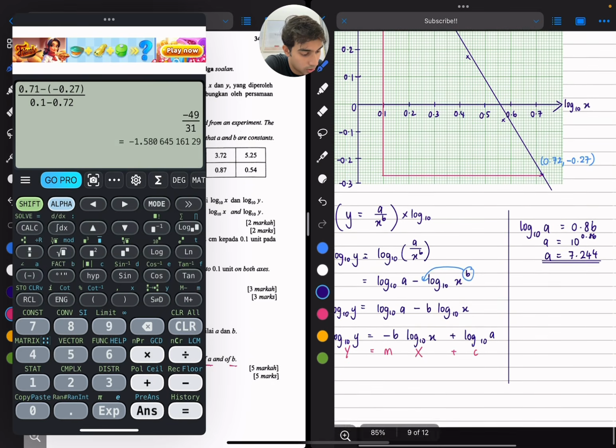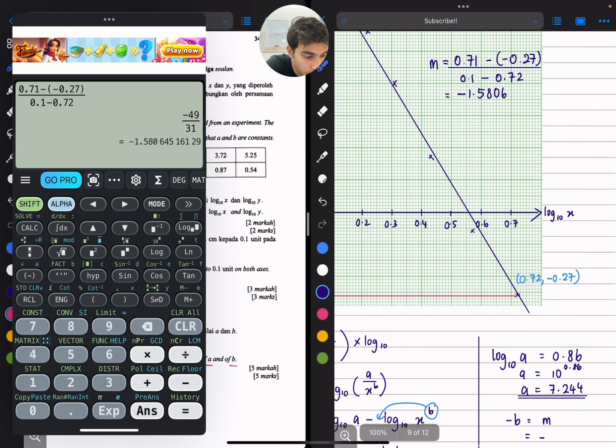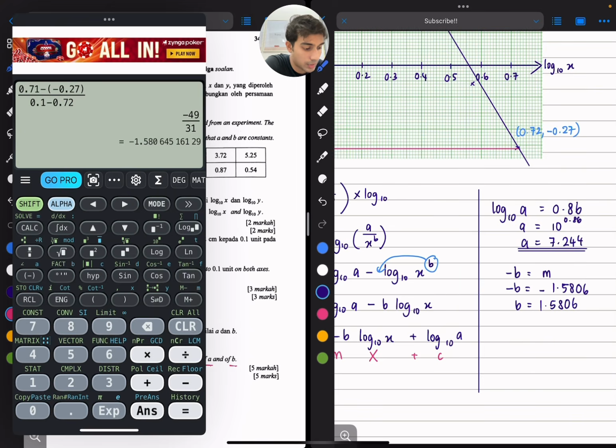So we can say negative b equals our gradient, which is negative 1.5806. Therefore, b is 1.5806. The negative we can cancel off, so we get b as this.